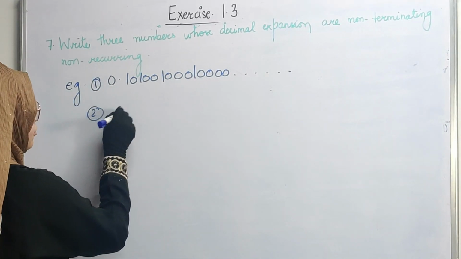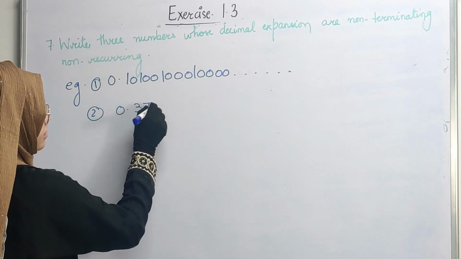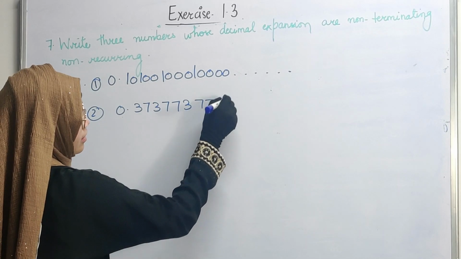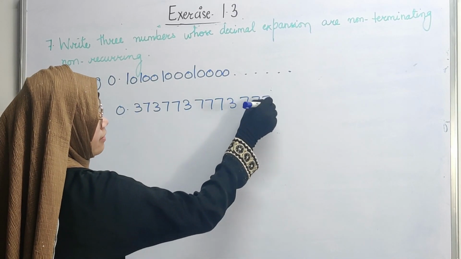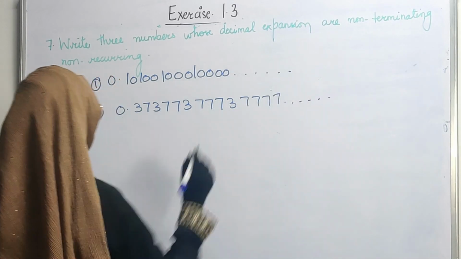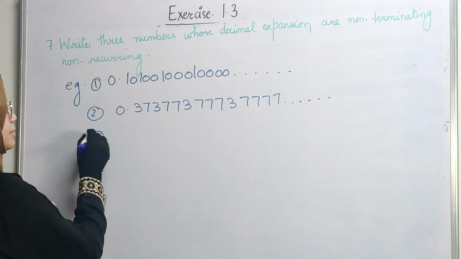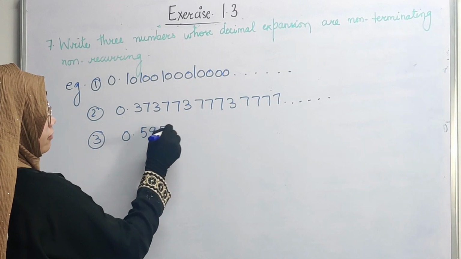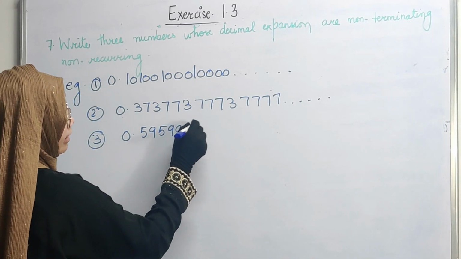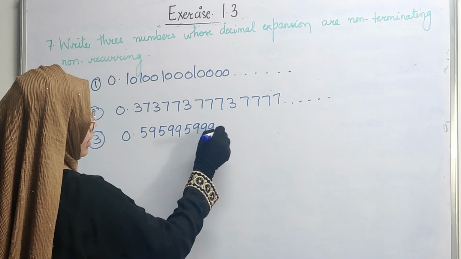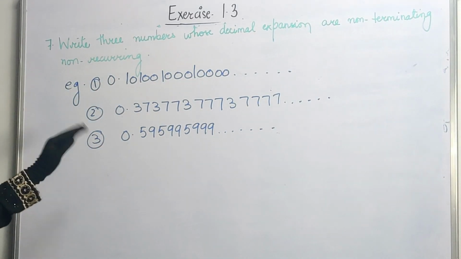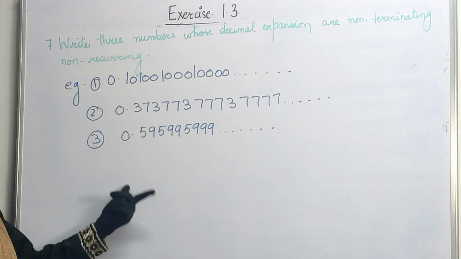Second example is 0.37, 377, 3777, 37777, and so on. Third example is 0.59, 599, 5999, and so on. So these are the three examples of decimal expansions which are non-terminating and non-recurring.